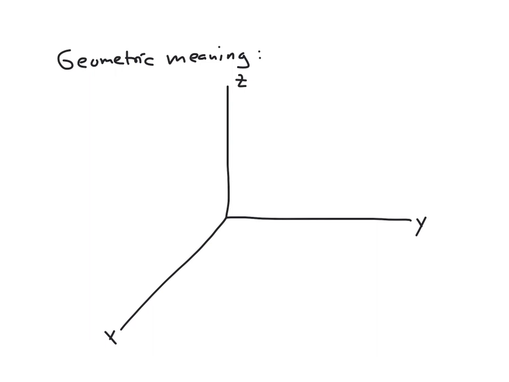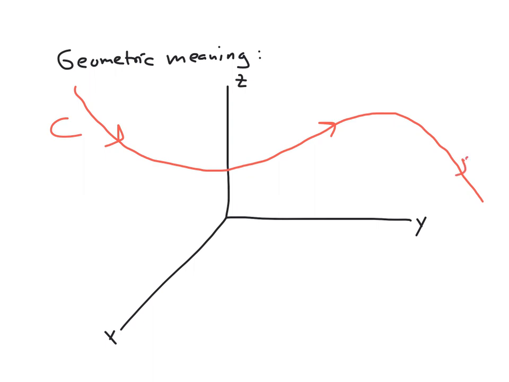Here we have some vector function r, and that vector function is going to sketch out a space curve, which we'll call C. I'm going to draw that curve in here, and it can look something like this. So this will be my curve C, and I want to think of this as going in this direction. The curve is being traced out from left to right on the screen as t is increasing.